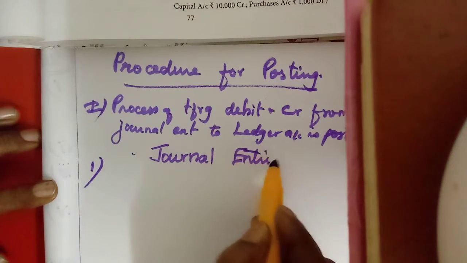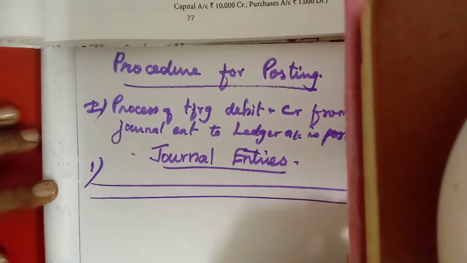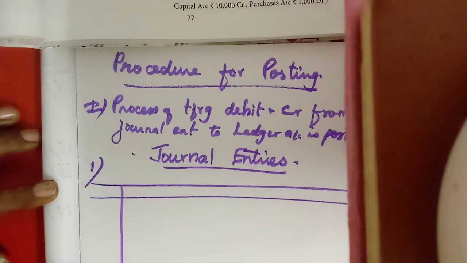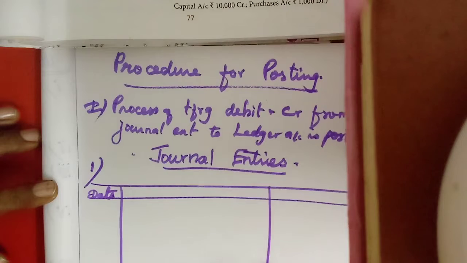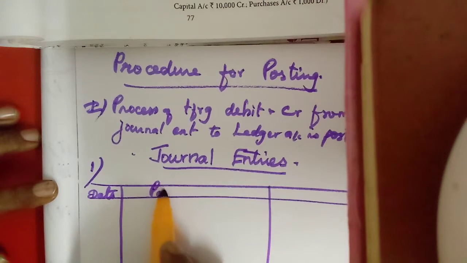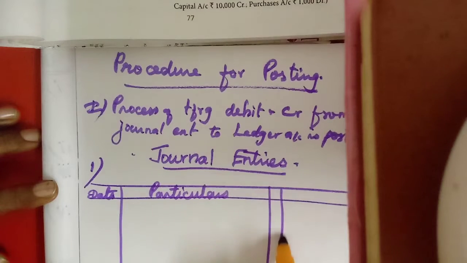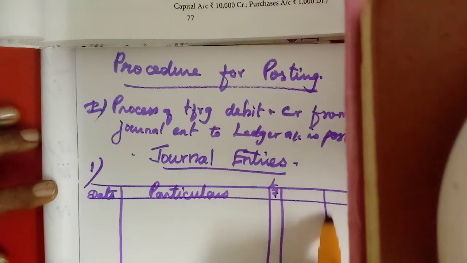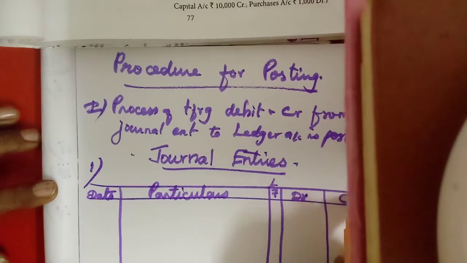Journal entries have 5 columns: date, then particulars, then LF, then the amount columns, debit and credit, with the rupees symbol.